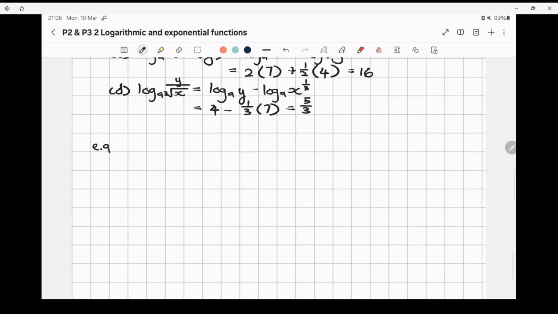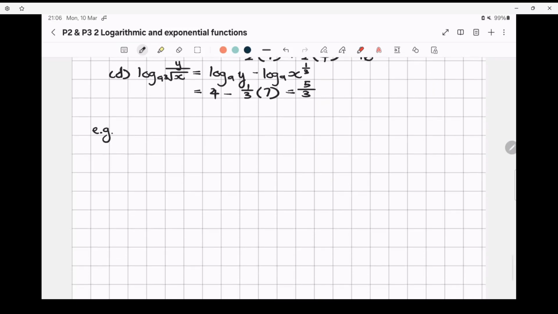So let's look at our last example. Given that log base 10 of x squared y equals 4, log base 10 of x power 4 divided by y power 3 equals 18.